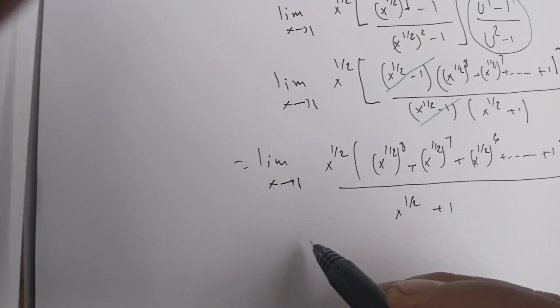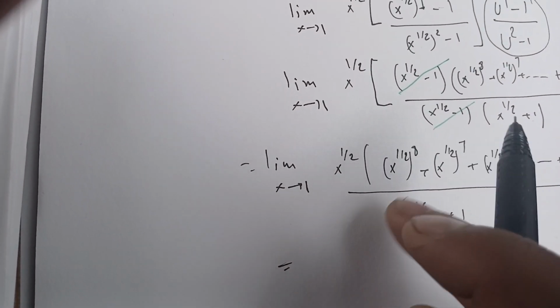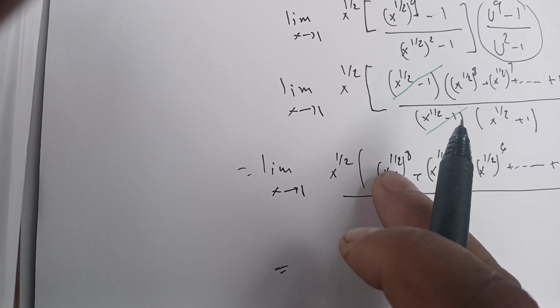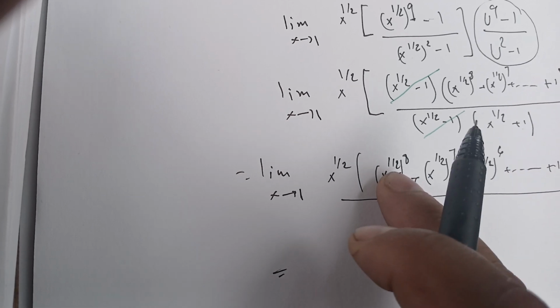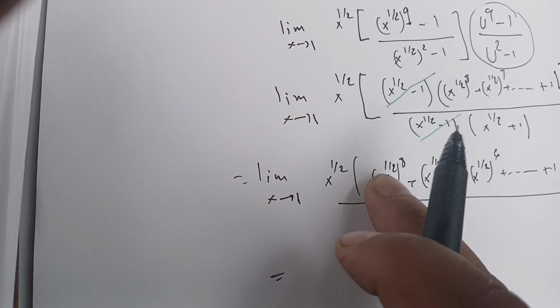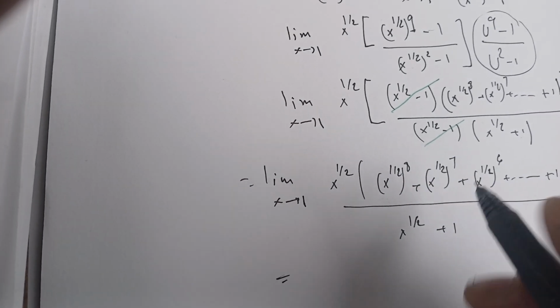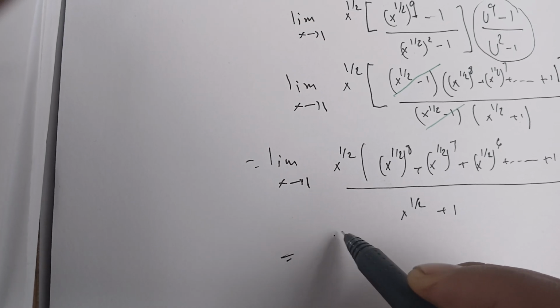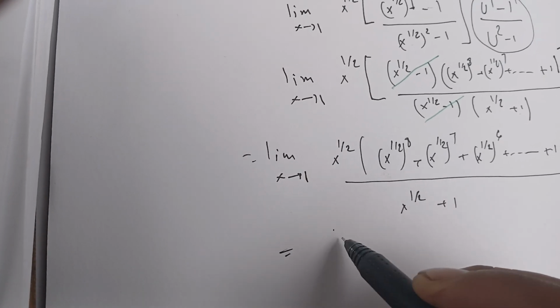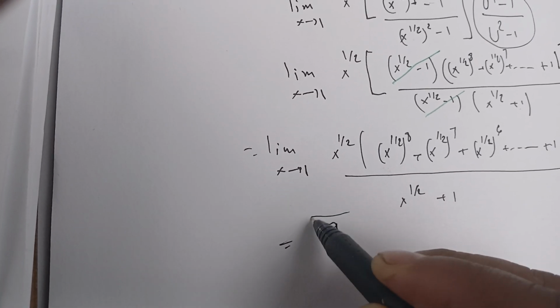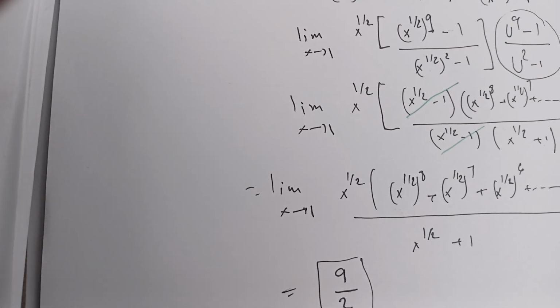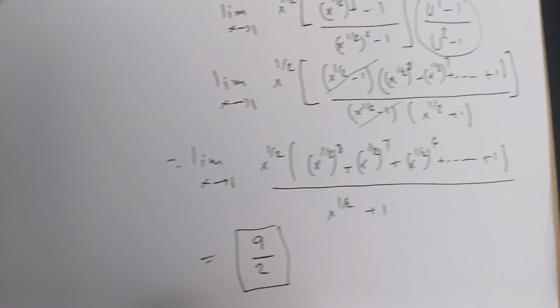If we plug in 1, on the top we get 1 nine times, so it's 9 over 2. And on the bottom we get 2. So the limit is 9 over 2. So our limit for this problem is basically 9 over 2.